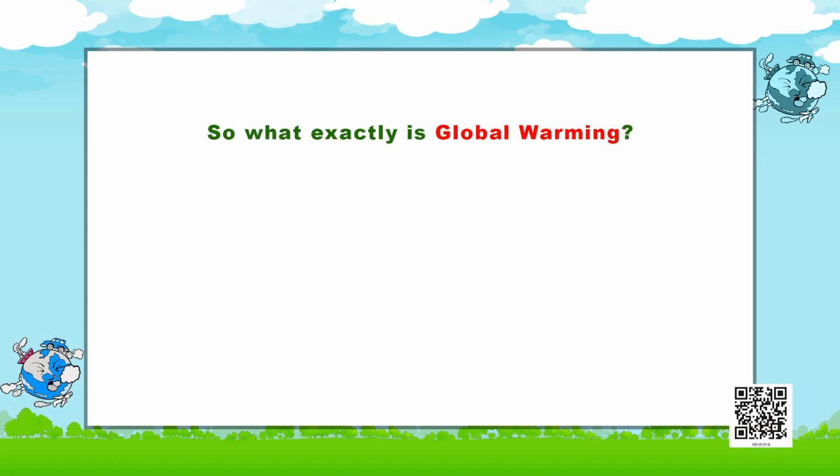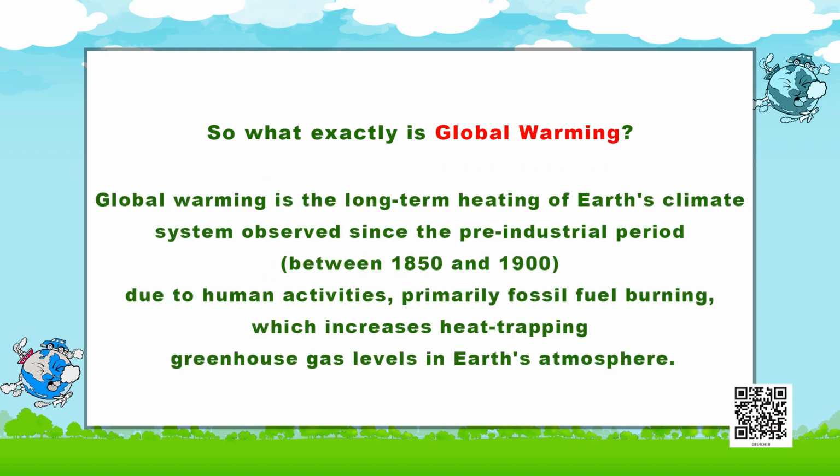So what exactly is global warming? Global warming is the long-term heating of Earth's climate system observed since the pre-industrial period, that is between 1850 to 1900 due to human activities, primarily fossil fuel burning, which increases heat trapping greenhouse gas levels in Earth's atmosphere.